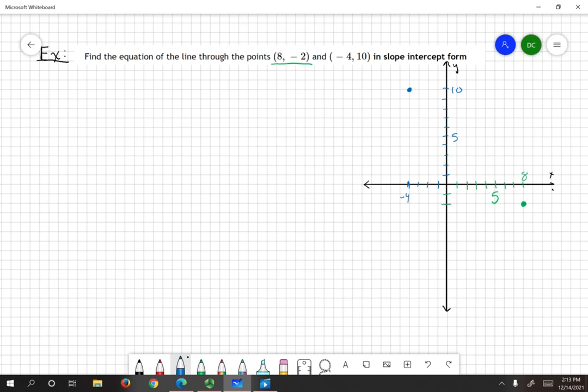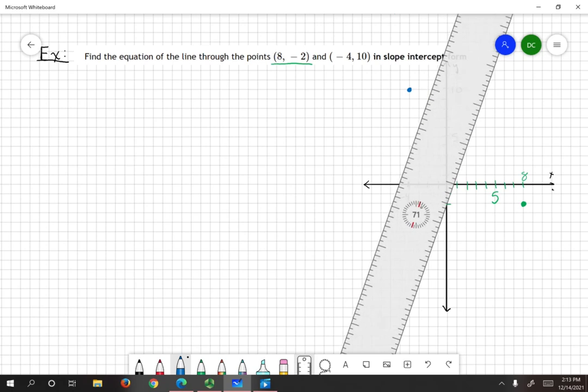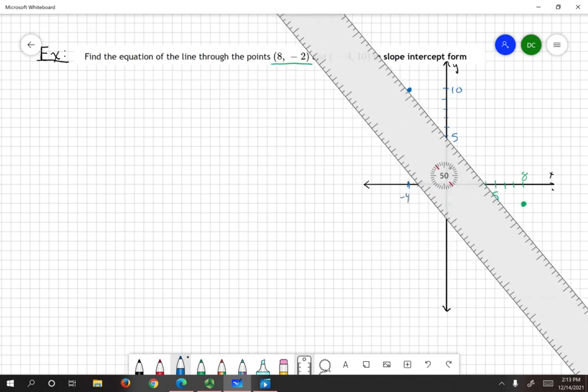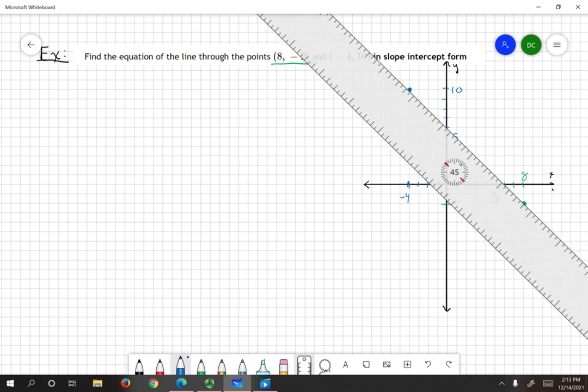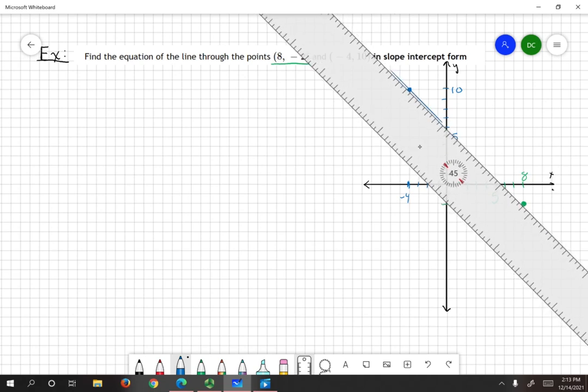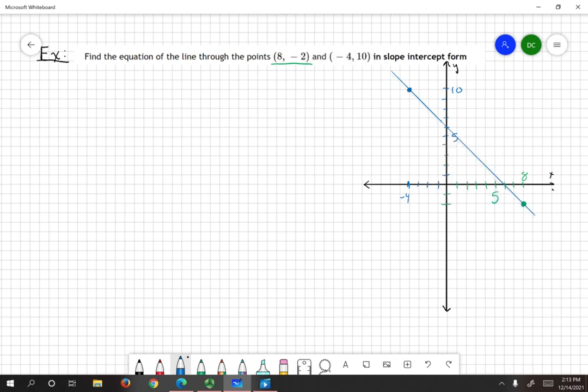So what we actually want is the equation of the line that goes through these 2 points. Let's see. That looks pretty darn good, doesn't it?